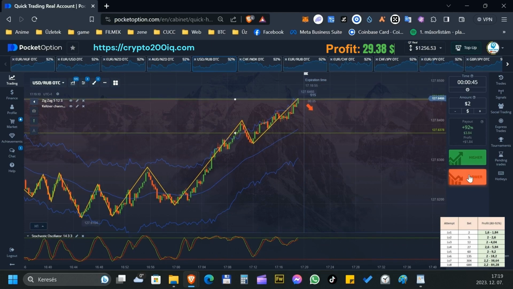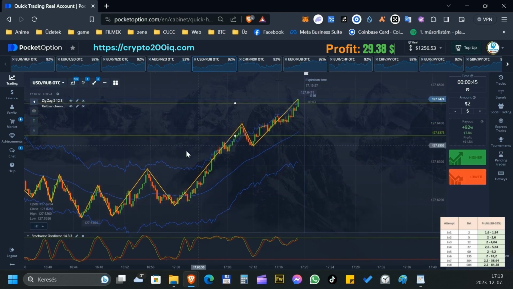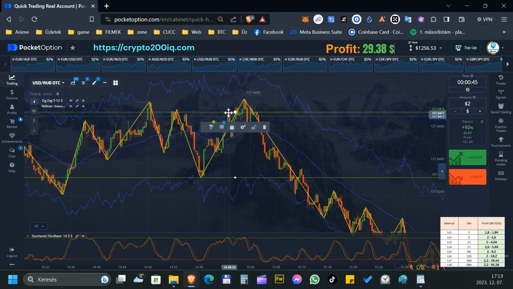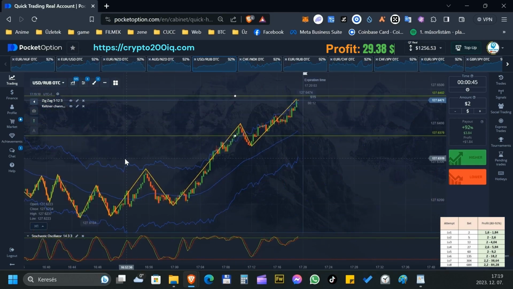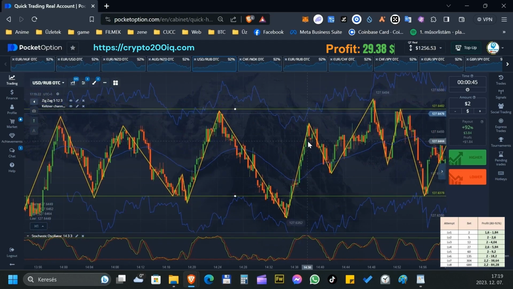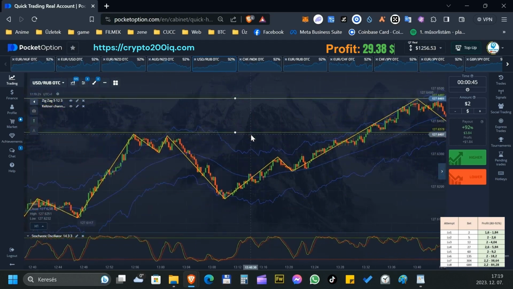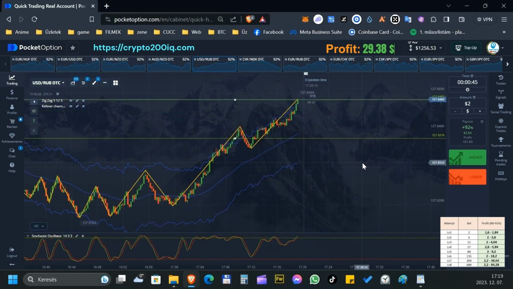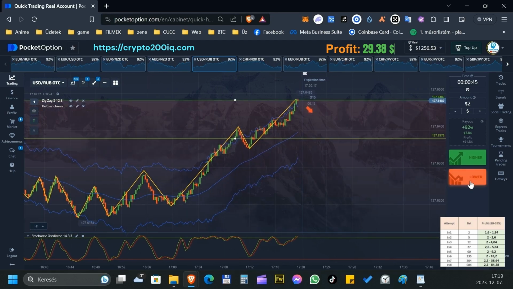There's a break in this, but maybe it could be good. Our zigzag line broke. However, it made quite a big move, so I'll try this.